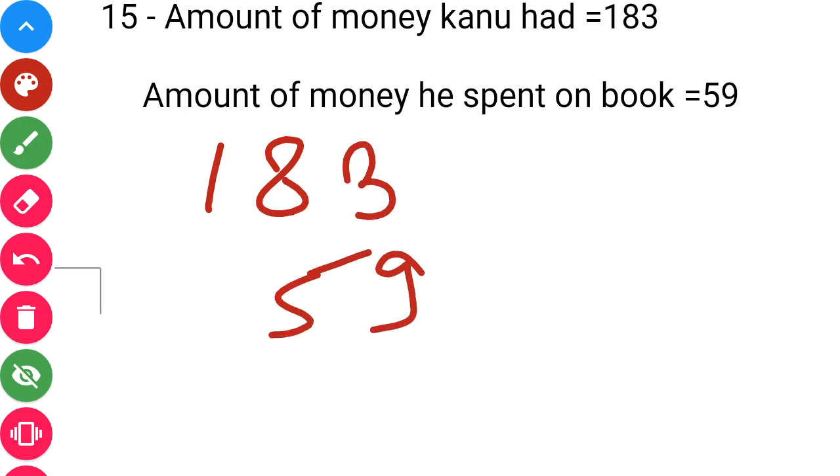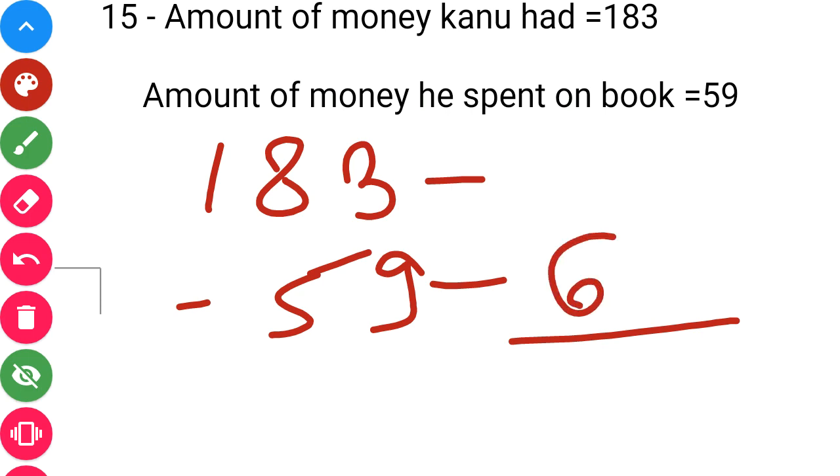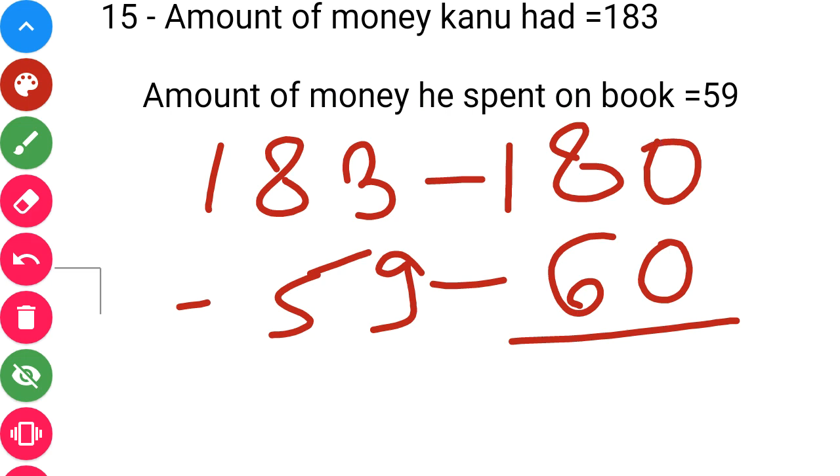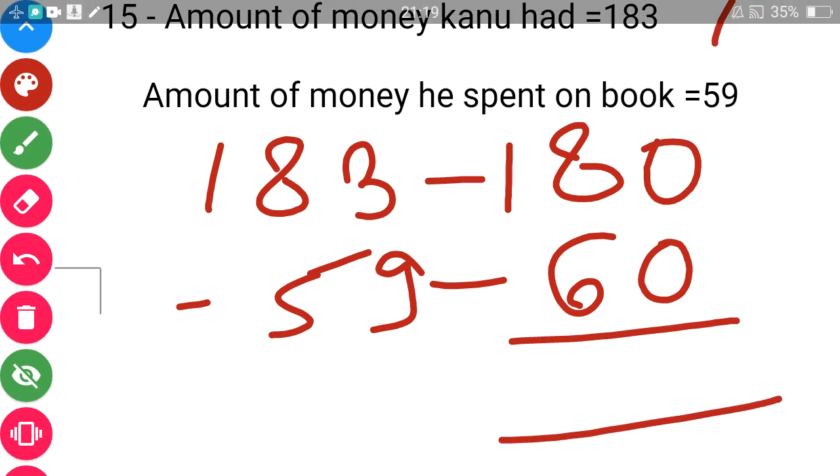Now kids, 59 will get rounded off to 60. 59 is very much closer to 60 and 183 will become 180. Now you will just subtract here and you will get your answer. Great.